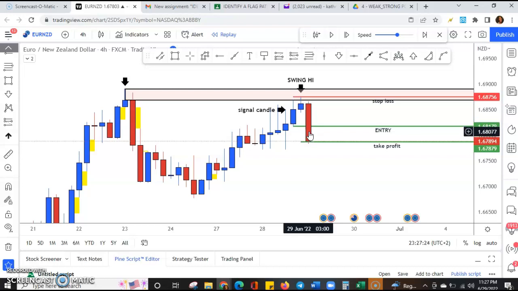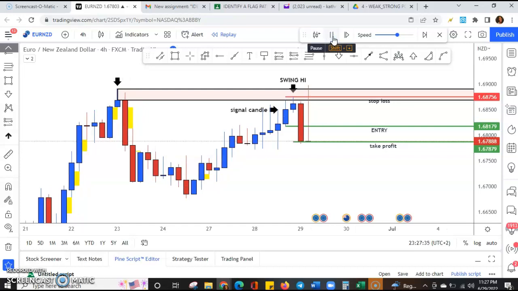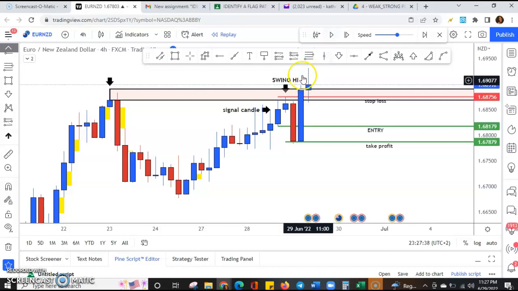So when the market, let's move this market forward. He says that when it broke below, okay, I'm sorry, that happened just a little too fast.